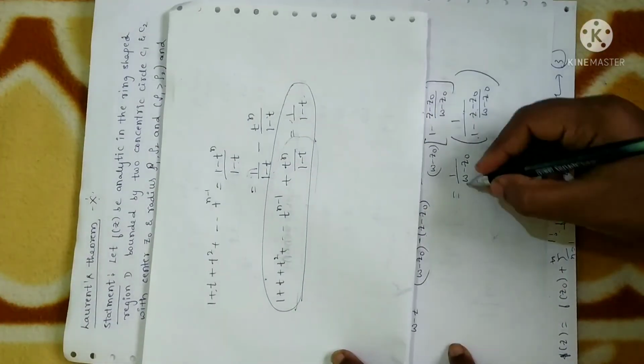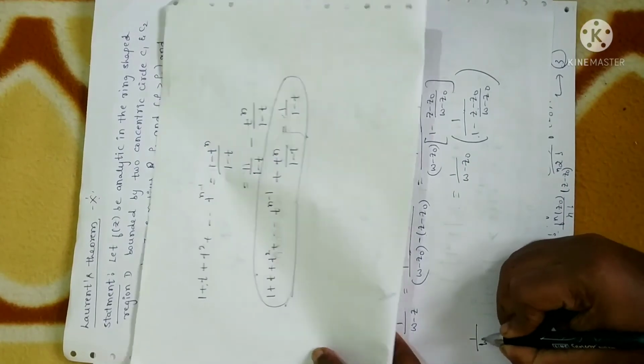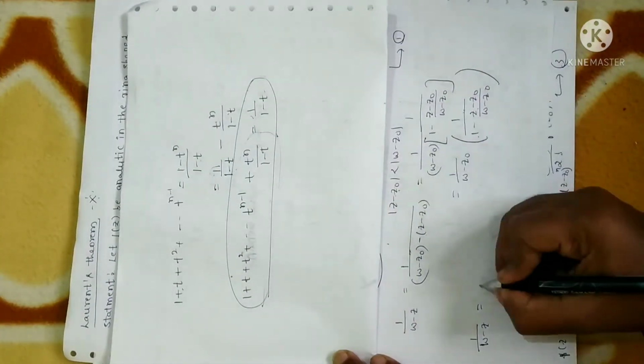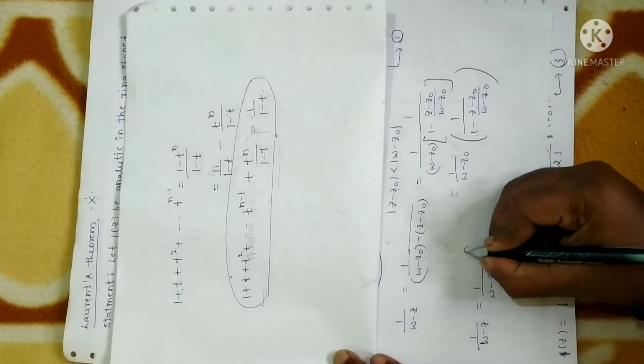So let me expand this. I can write 1 divided by w minus z is equal to 1 divided by w minus z naught as it is.